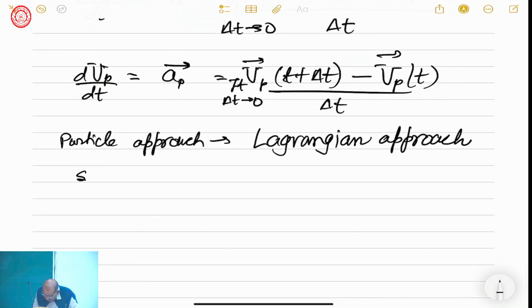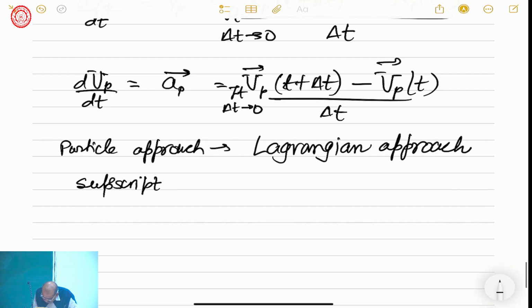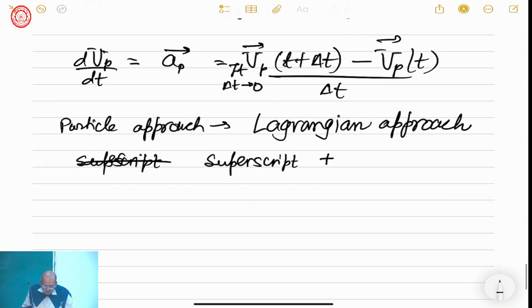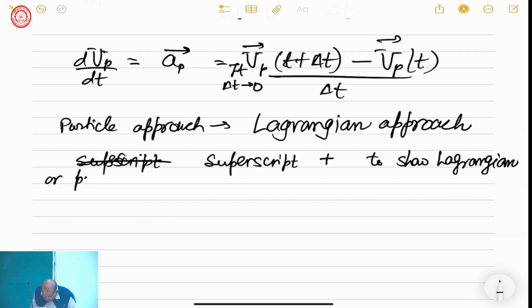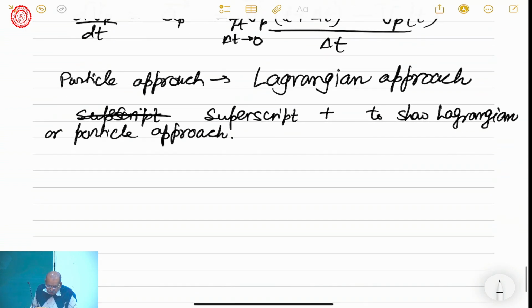And here we have used the superscript plus to show the Lagrangian or particle approach.